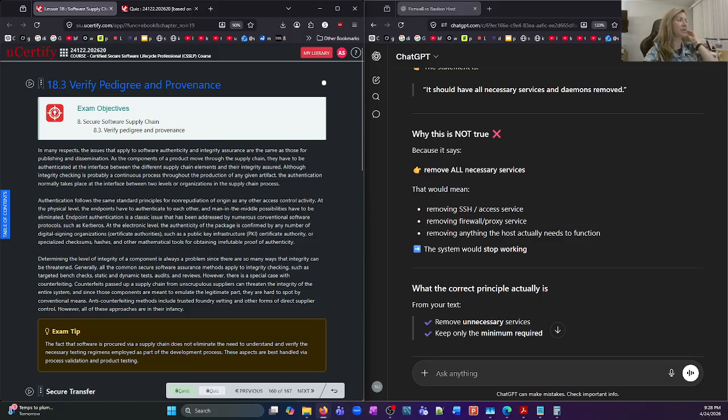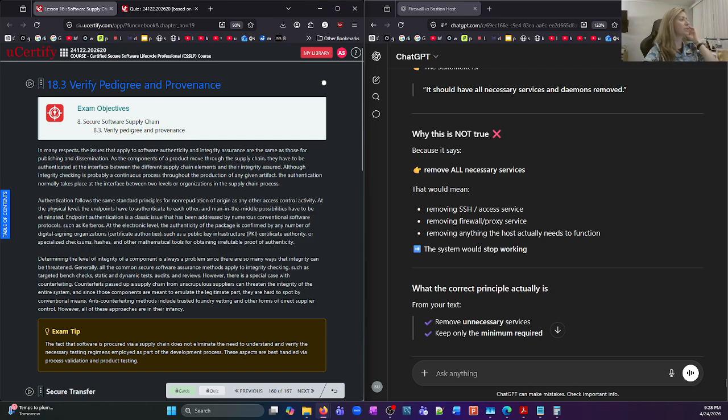Verify pedigree and provenance. In many respects, the issues that apply to software authenticity and integrity assurance are the same as those for publishing and dissemination.